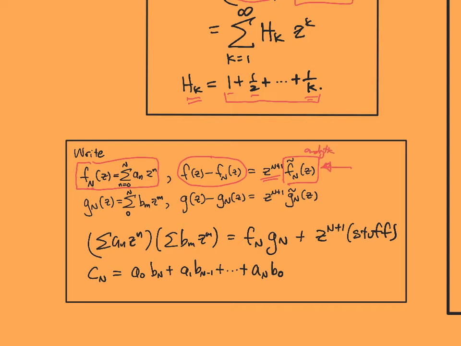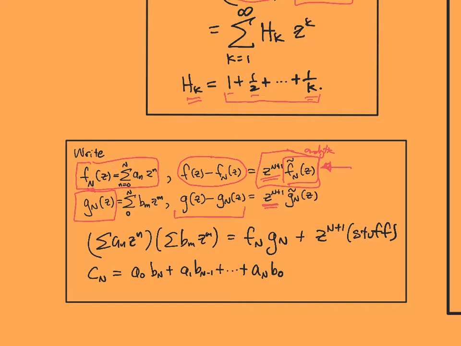And so this whole thing is only going to have power series terms starting at z^{N+1}. And I'll do the same thing with g. I'll break it up into g_N, and then g minus g_N times this leftover term.